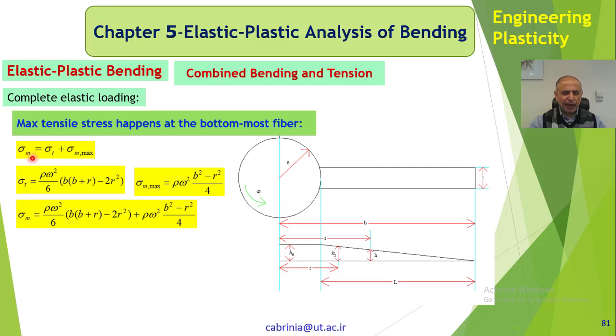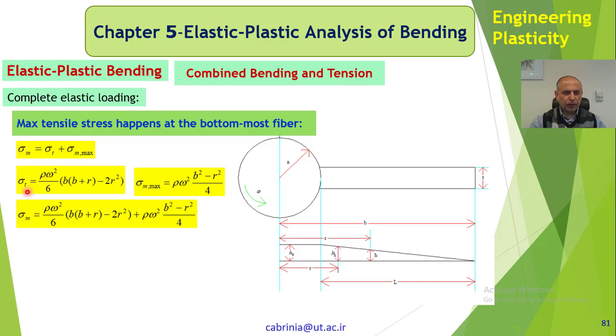Therefore, sigma m, the maximum tensile stress, is equal to sigma t, which was the stress due to the normal force, plus the stress due to the bending moment. Add this together, we get the maximum tensile stress.